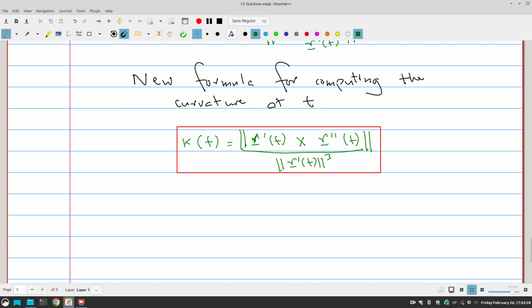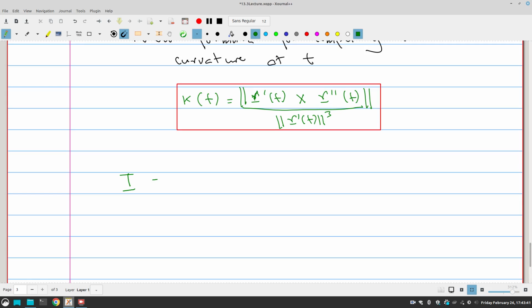So remember, T equals r prime over the magnitude of r prime. Right? So this is the unit tangent vector, and the modulus of r prime equals ds over dt.